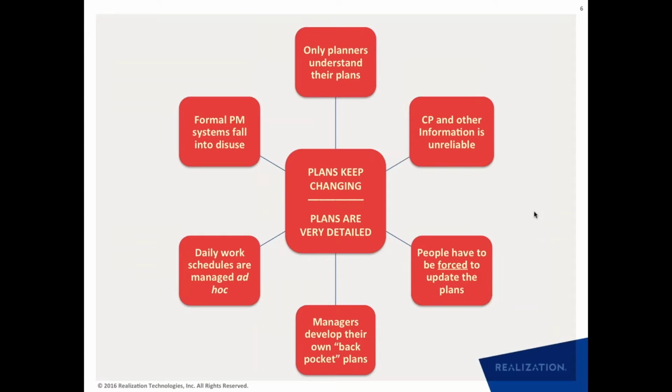So when we introduced the critical chain method into our software, we did solve these problems somewhat, but not fully. We did extend the life of formal project management systems. We did extend the usefulness of project plans. But even in our best implementations, in about 3, 4, 5 years, the symptoms start showing up where people have to be forced to use the project management system and project plans.